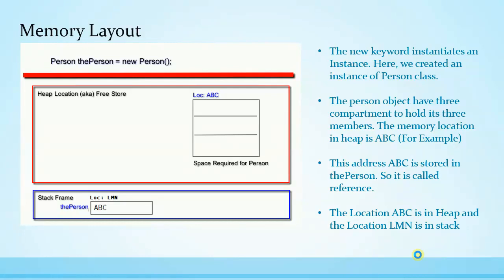The location is ABC. That means to reach the object, I have to read the heap location ABC. So once I reach there, then I have 3 compartments. From there I can read or write data, or I have the associated function call which is in the code segment. That means there are some other memory slots here which are not shown here.